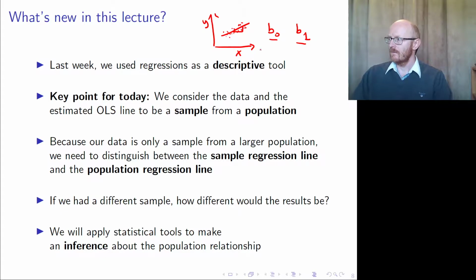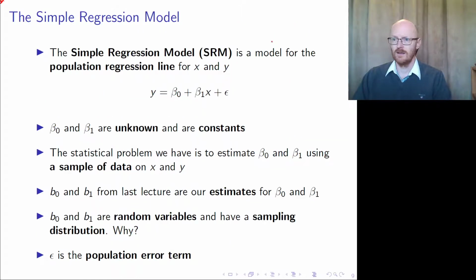So, what we are looking into is what our sample parameters can tell us about the population parameters. So, we have the simple regression model, and these are the population parameters, right? So these are the population parameters, and we can't observe those, okay?